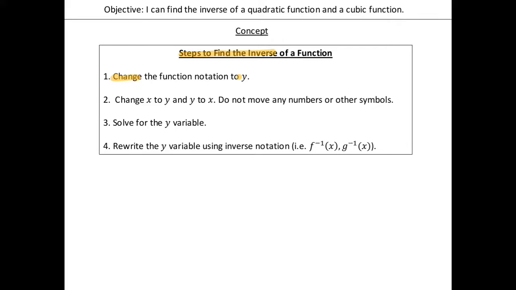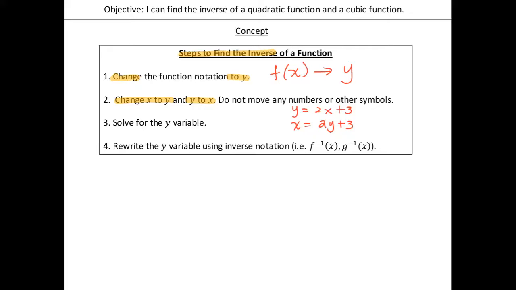First, change the notation to y, just like we did yesterday or Tuesday. It was f of x switches to y. And then step 2, change x to y and y to x. So when we had our y equals 2x plus 3, the y becomes the x and the x becomes the y.